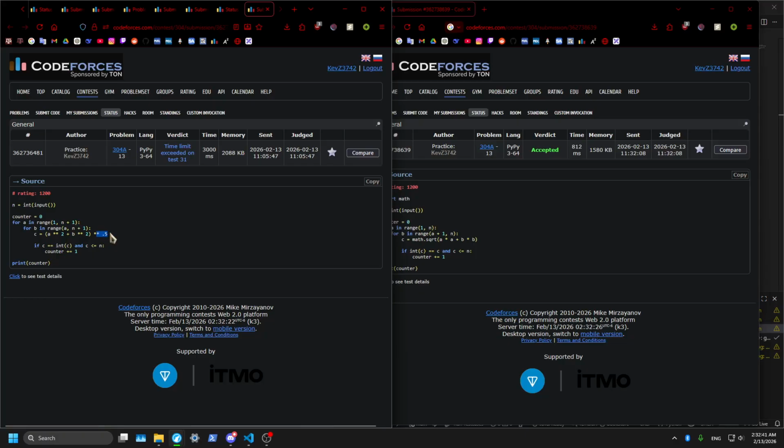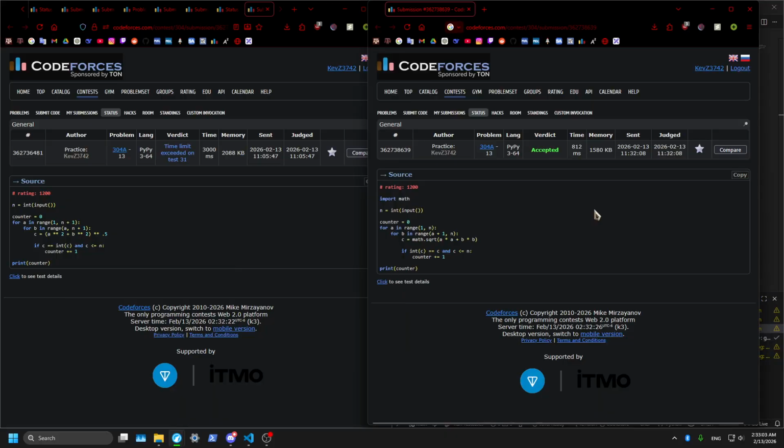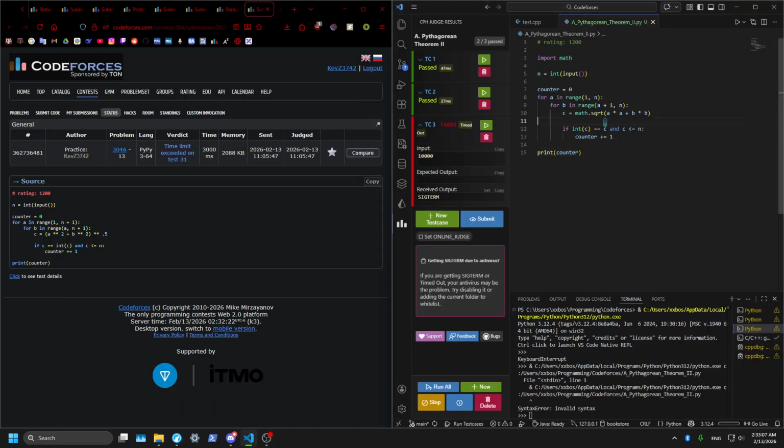That's it. I mean, I barely micro adjusted. Is math.sqrt really that much faster than this? Would change some of the values a little bit. I don't get it. This question is weird. This question feels like it was designed for C++.